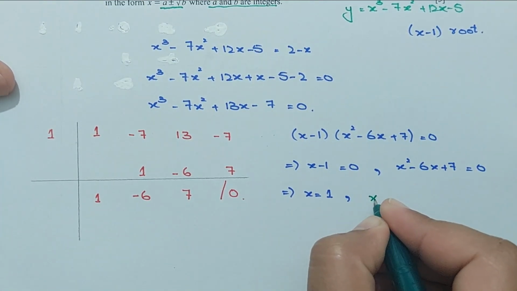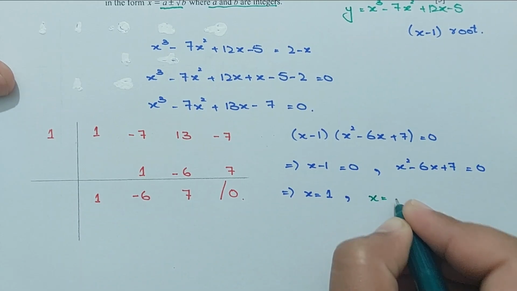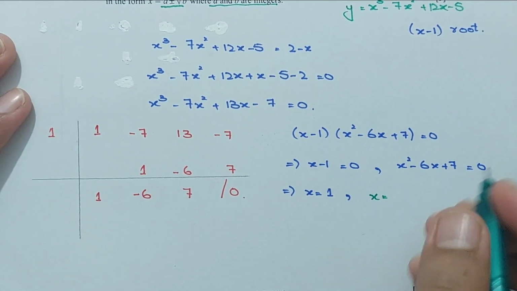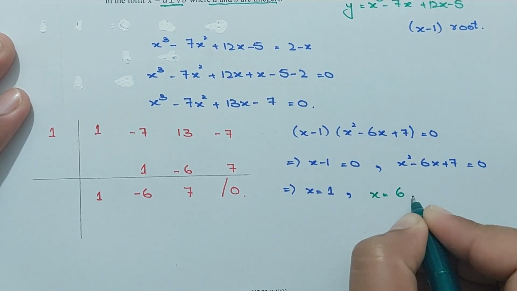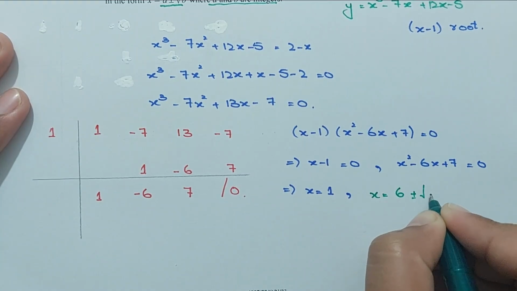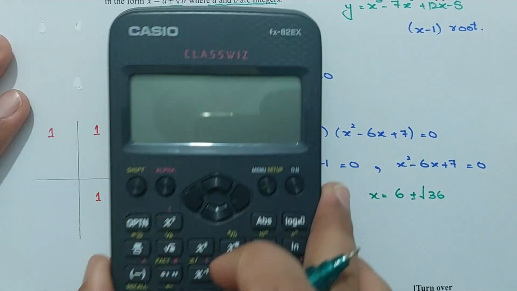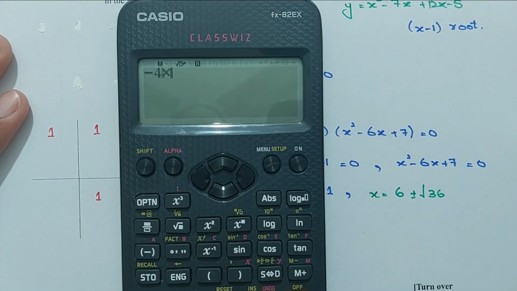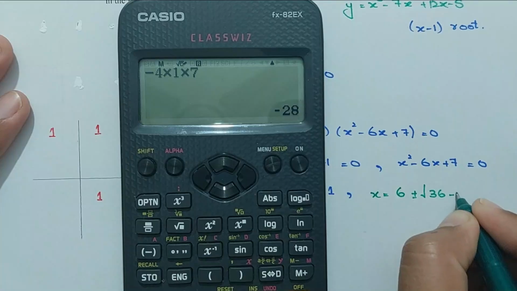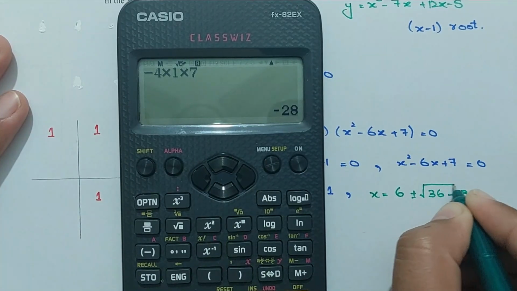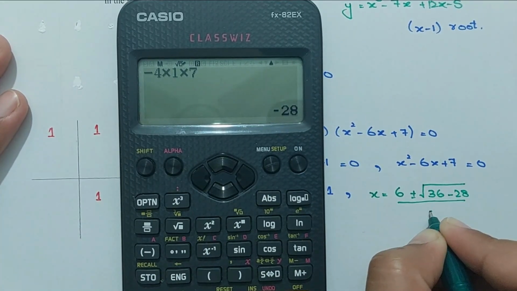So we have x equals negative b, negative of 6, plus or minus the square root of b squared minus 4ac, right? So minus 4 times, a is 1 and c is 7, minus 28, divided by 2 times a, which is just 2.